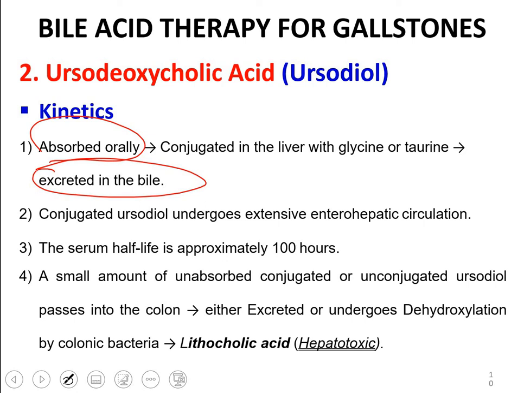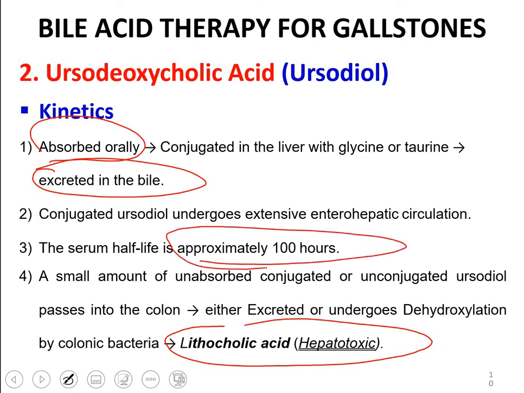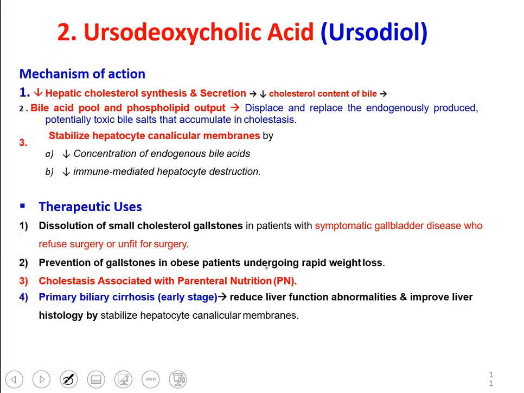Had it been totally obstructed, it can be dangerous, because lithocholic acid is hepatotoxic, similar to the other derivatives of bile acids. The serum half-life is approximately 100 hours, and it can be increased by the enterohepatic circulation. Enterohepatic circulation means circulation between the intestine and the blood, passing through the hepatic portal system.